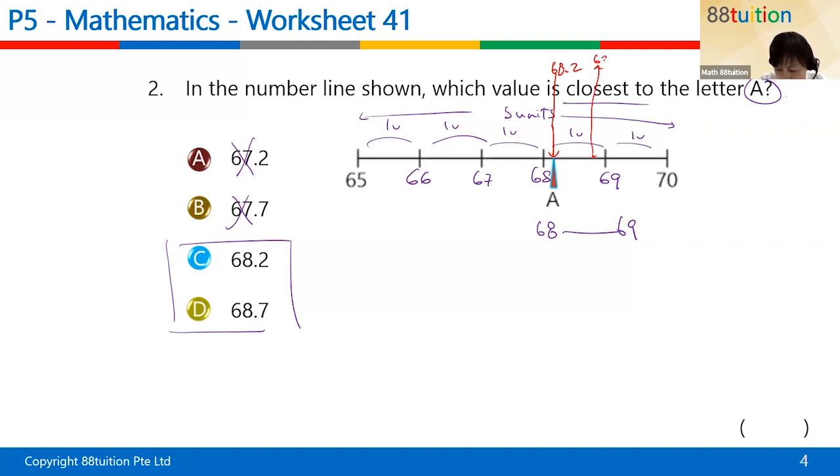So you also put 68.7 there to show your understanding. So this one will be the more appropriate answer, C. Next question. Any issue for this? No, okay. All right.